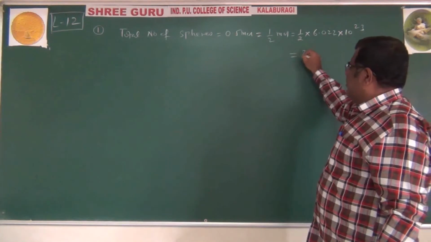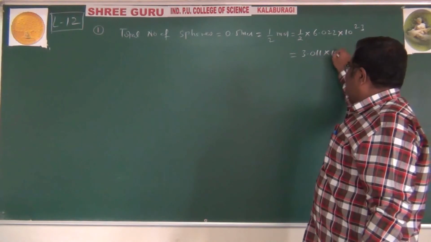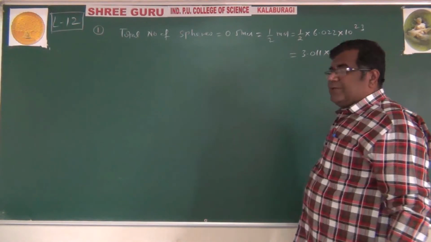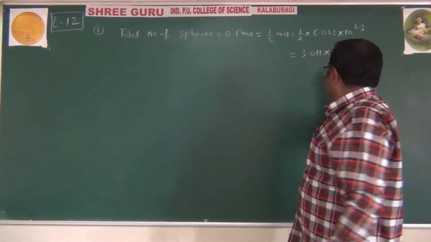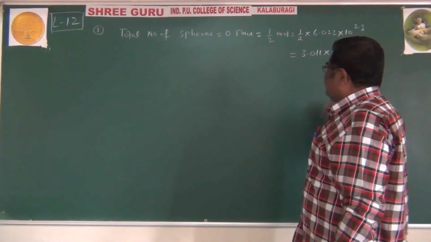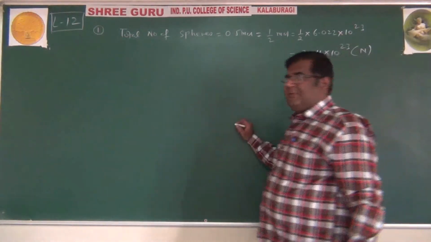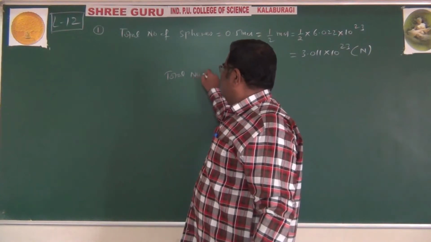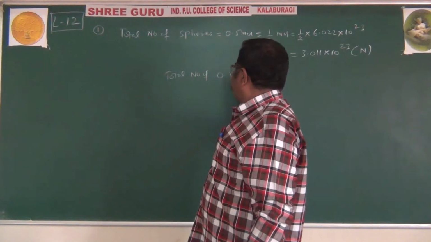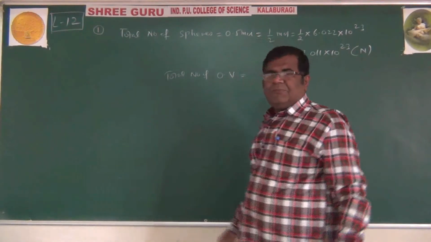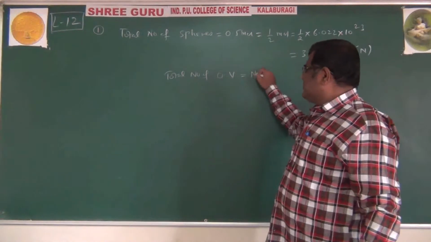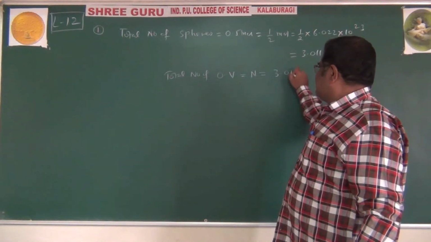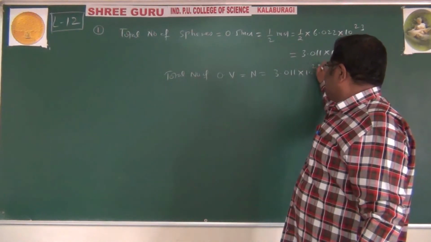So it is 3.011 into 10 raised to 23. This is the value of n, number of spheres. So you can say total number of octahedral voids is equal to the same number of spheres, which is 3.01 into 10 raised to 23.